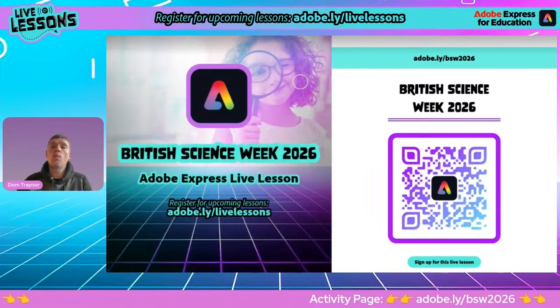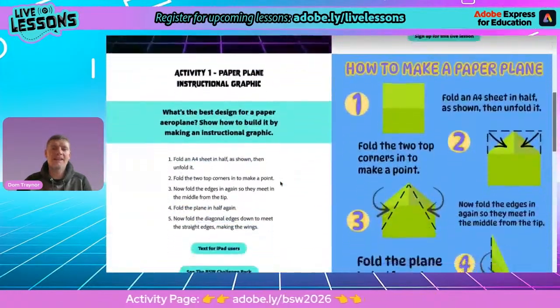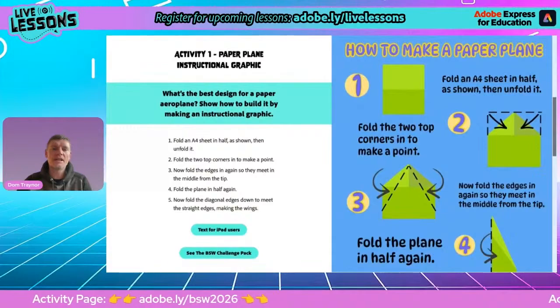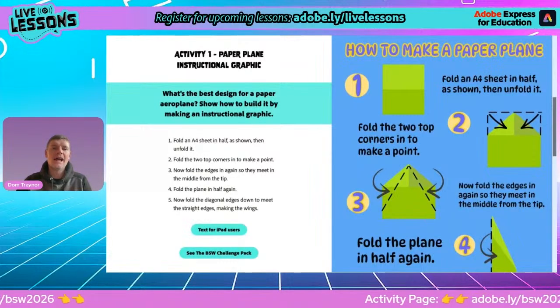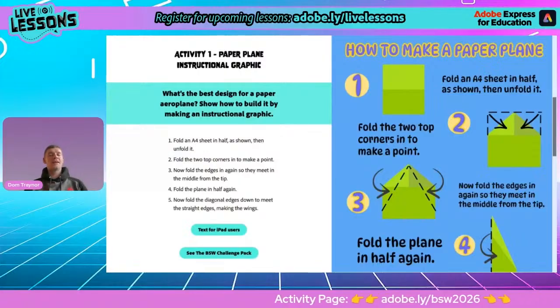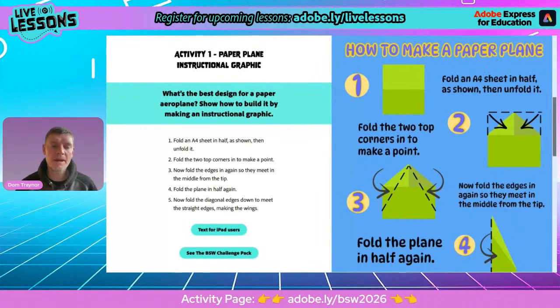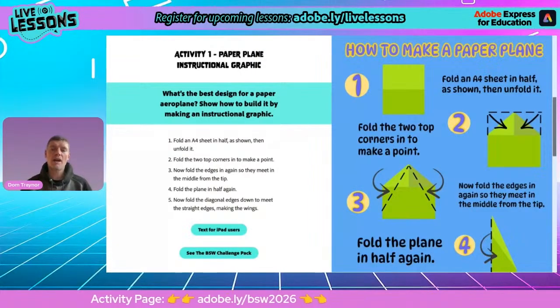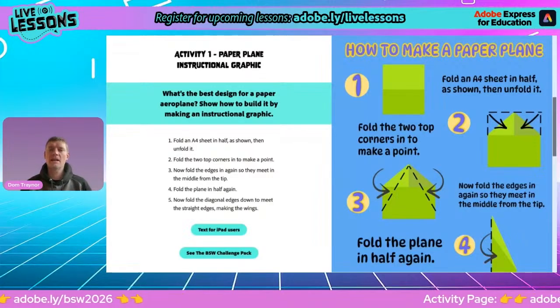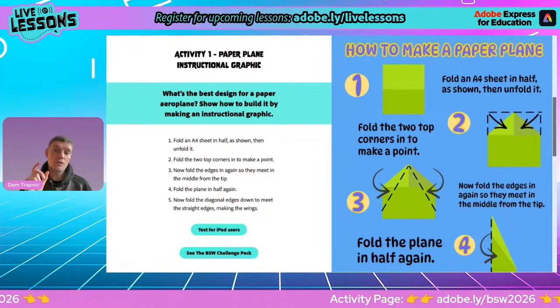Okay, what are we doing today? Well, I had a lot of fun doing this. Activity 1 is a paper plane instructional graphic. What's the best design for a paper aeroplane? Show how to build it by making an instructional graphic. We're going to do a pretty simple one here. It's actually really good fun, but you do have to concentrate.